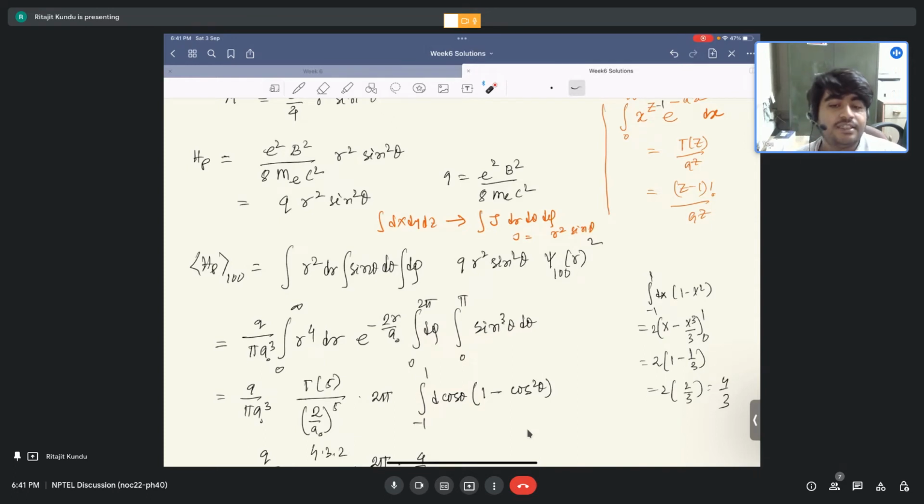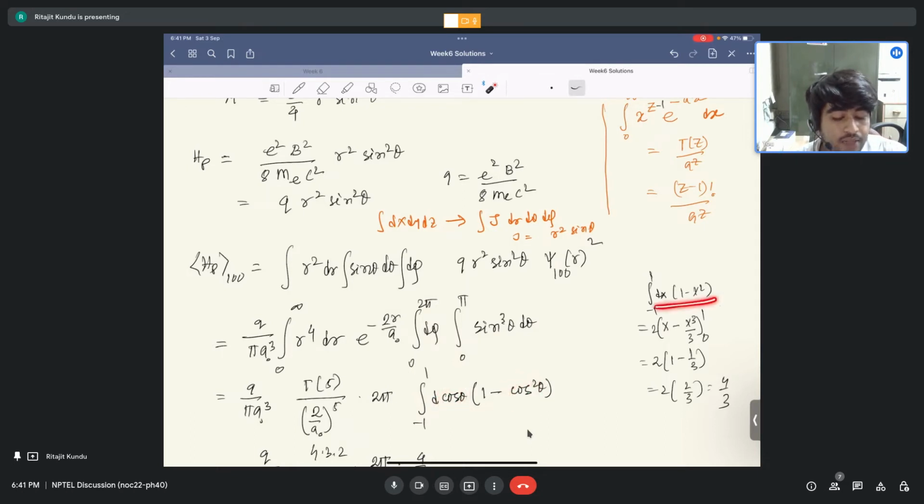There will be an additional sine squared theta, and we know that sine squared theta is 1 minus cos squared theta. You will write the limits of cos theta accordingly, and that's how I will replace this.